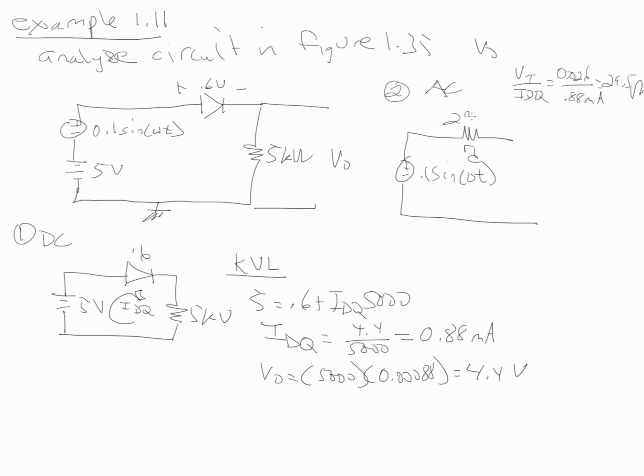So 29.5, and then we have our 5,000, and we have our V out for the small signal.